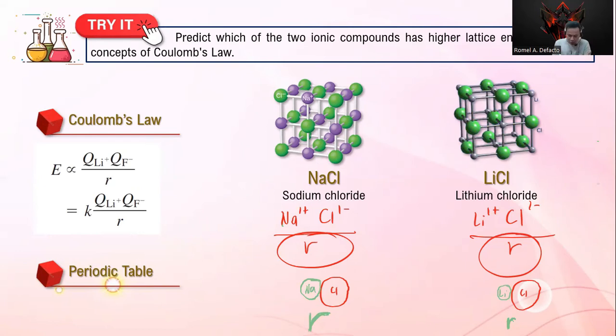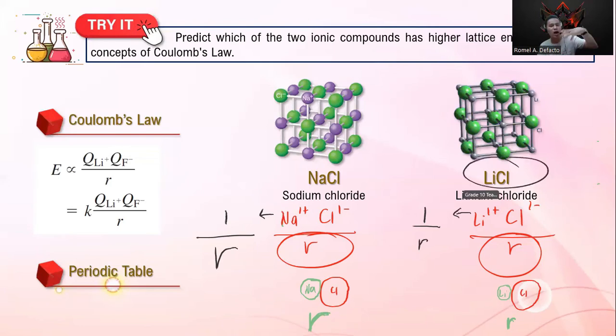Let's try to solve. So, if we multiply this, 1 times 1, that's simply 1. And then we divide it by a larger R. Compare it to this one, this is still simply 1, but we divide it by a smaller R, smaller value of R. So this lithium chloride will result to a higher value.